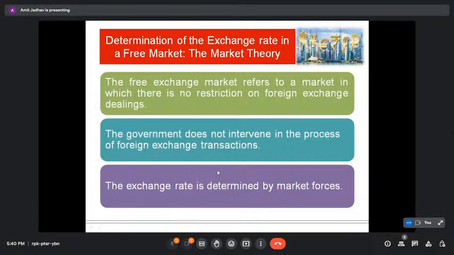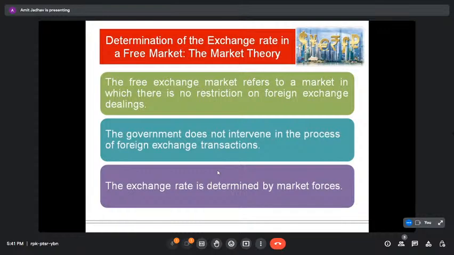So now we have to think about a free market. Free market means there is no control over the exchange rate, neither by the central bank nor by any other organization. A free exchange rate market is a market in which there is no restriction on foreign exchange dealing.